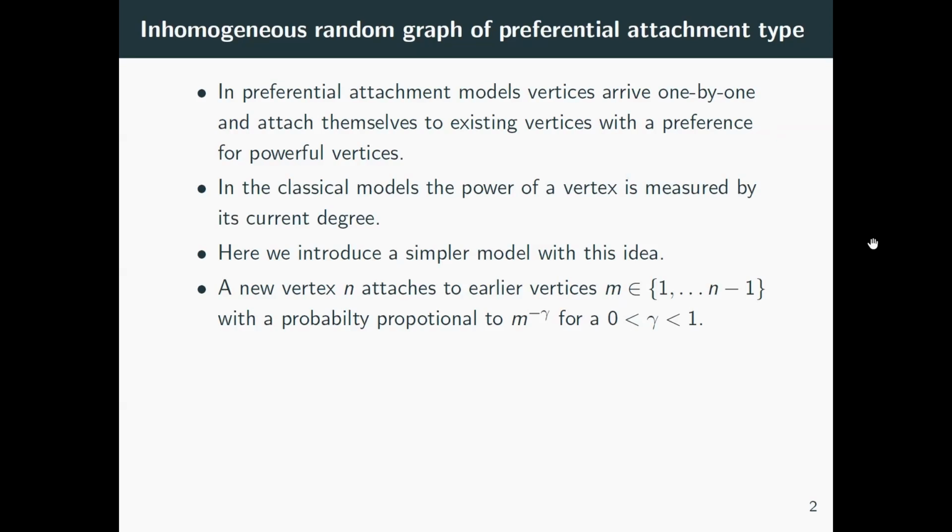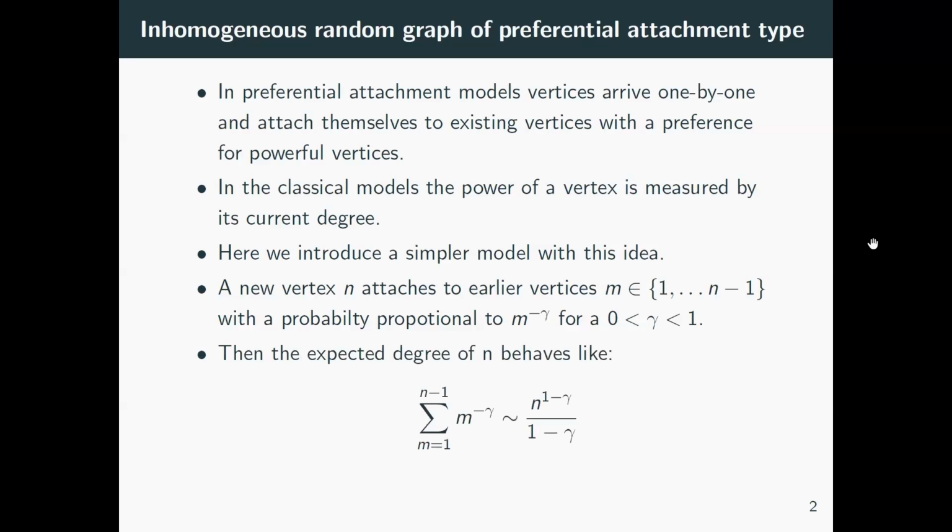And gamma is a parameter which we can play around with. This gives us the preferential attachment effect. It will prefer vertices with a low index, vertices which are in the system for a long time, so the probability of connection will be higher for older vertices and lower for newer vertices. So the early vertices are the powerful vertices in this model.